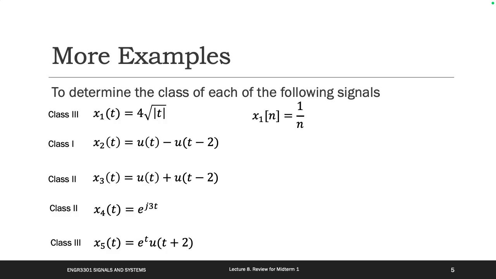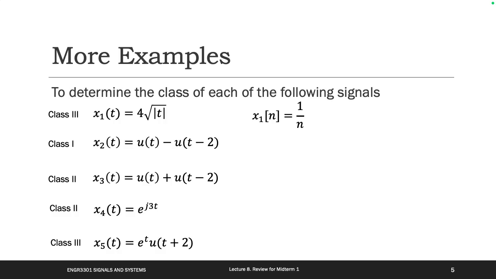What's N here? All the integer numbers, am I right? If N equals 1, what's the value? 1, am I right? If N equals 2, what's that? 1 over 2. If N equals 3, 1 over 3.